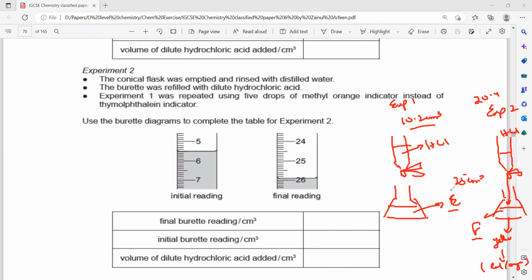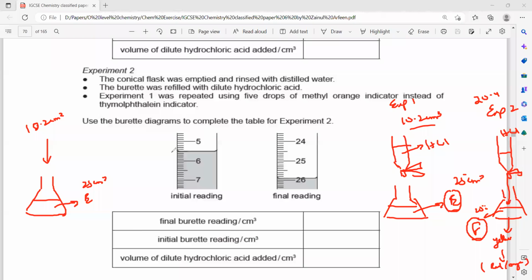Why? Because you took 25 cm³ here and 25 cm³ here. For 25 cm³ of solution E, the unknown solution is in a conical flask. How much HCl is needed for a complete reaction? The known solution, 10.2 cm³ of HCl.